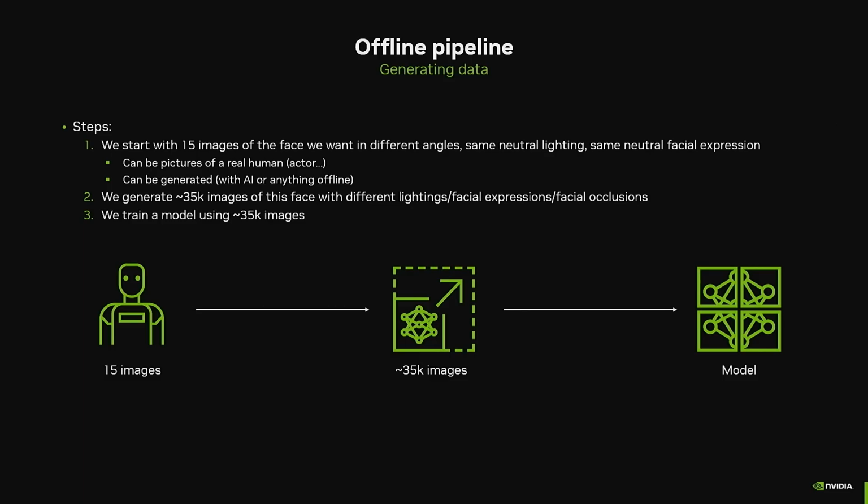We will take these 15 images and we augment and enhance them. And we will actually come up procedurally with a massive data set of over 35,000 images. These images will show the face of our character with different facial expressions, different lighting scenarios, and we'll also simulate some sort of occlusion on the face. Let's move more into details.